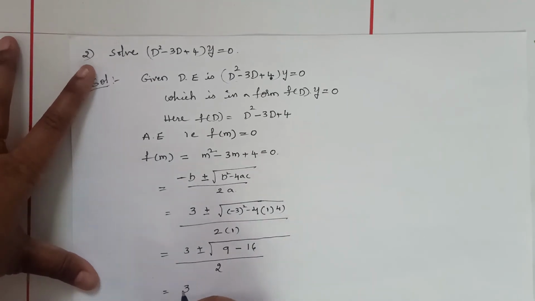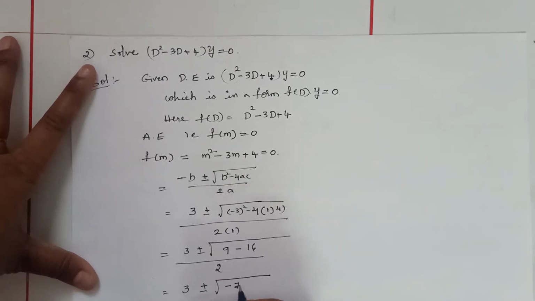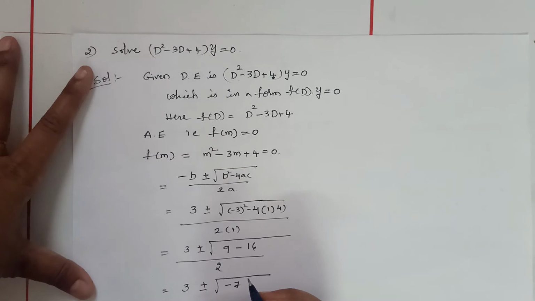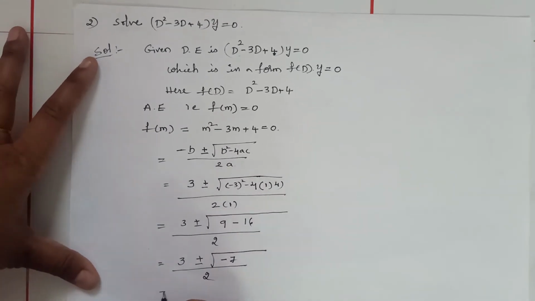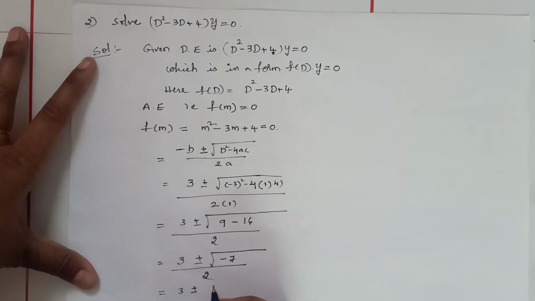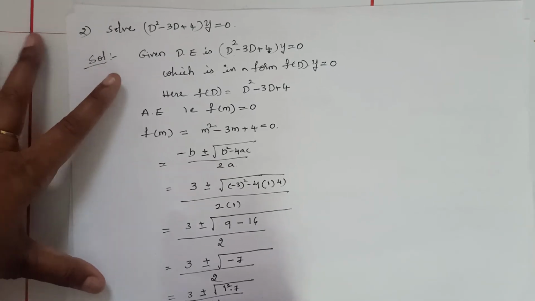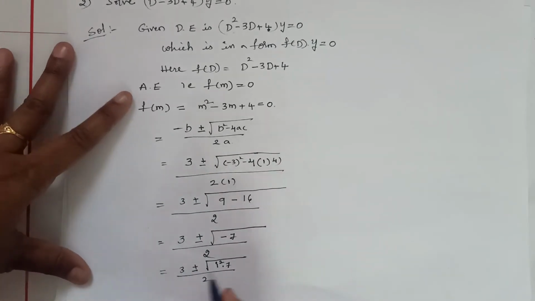This is equal to 3 plus or minus under root of 9 minus 16, which is minus 7, by 2. So 3 plus or minus, this can be written as root of minus 1 into 7 by 2, where minus 1 can be written as i square.